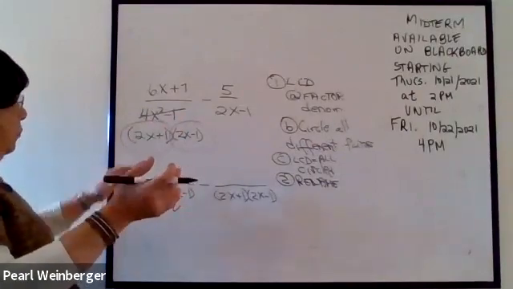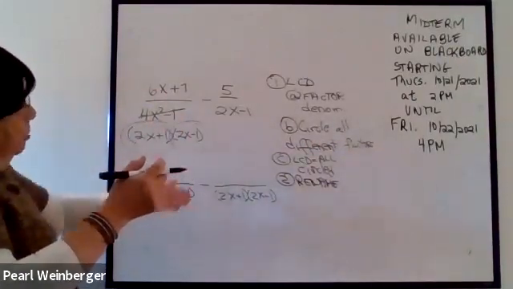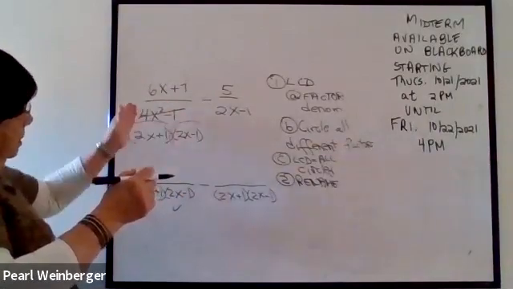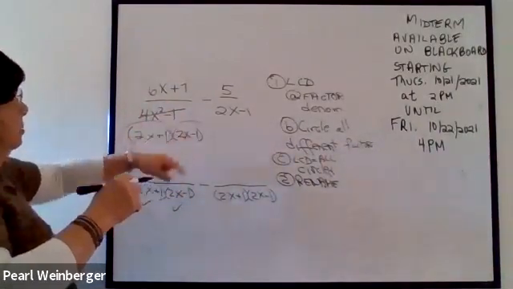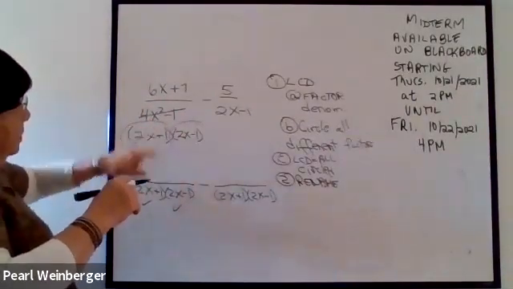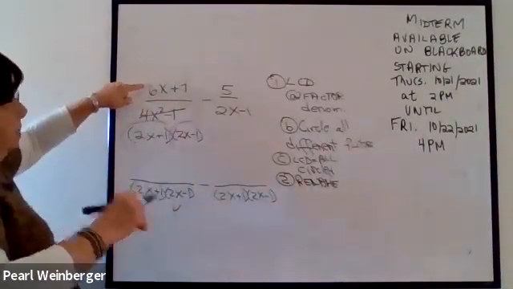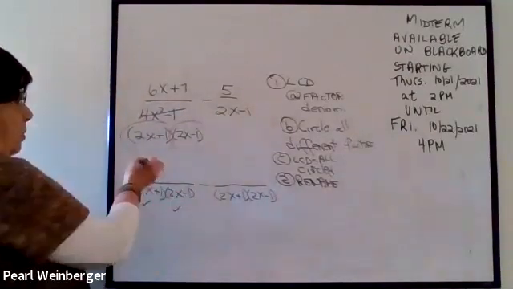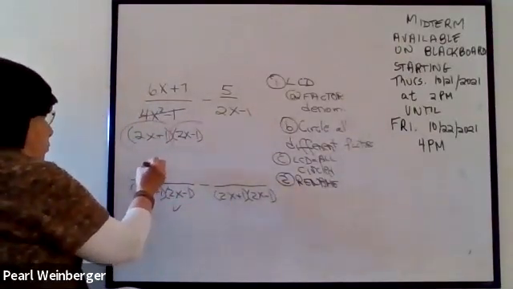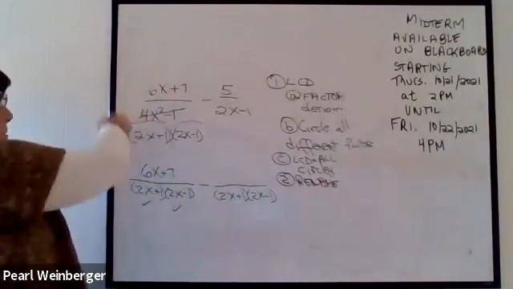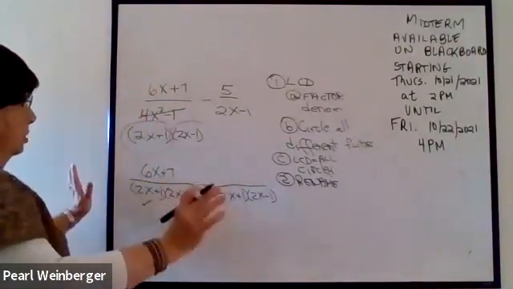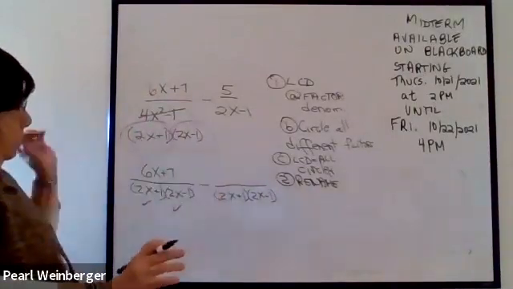There's nothing left over. In other words, all you have to do is compare. I haven't multiplied this denominator by anything. I didn't multiply the denominator, so I don't have to multiply the numerator. The numerator stays 6x plus 7. In other words, that first fraction, I changed nothing.